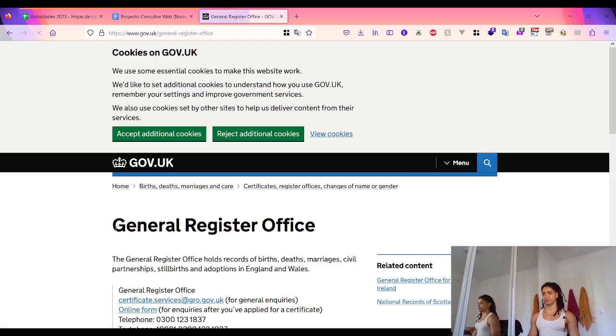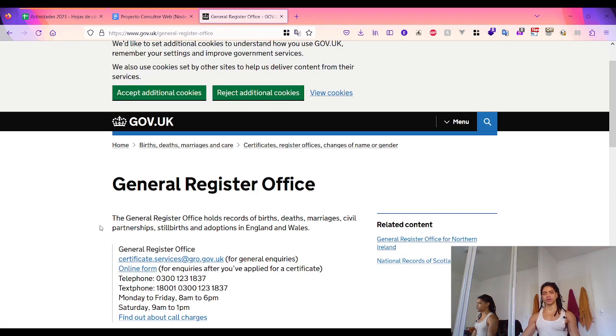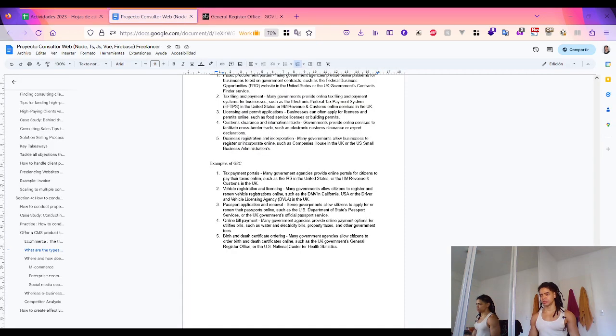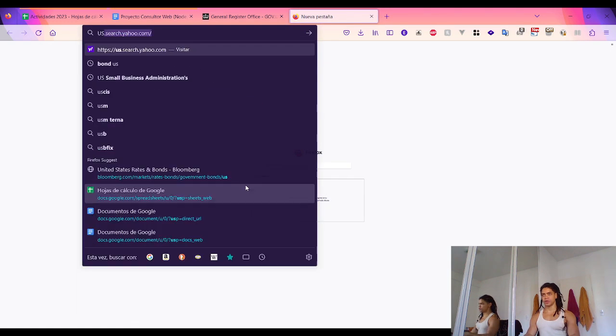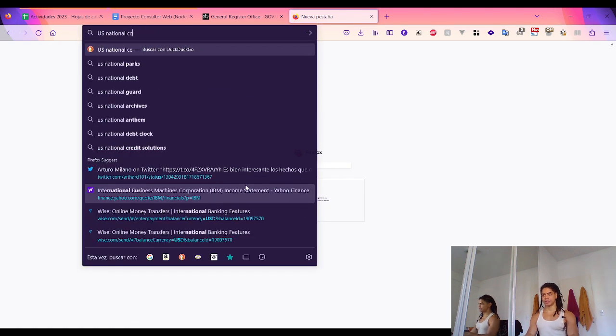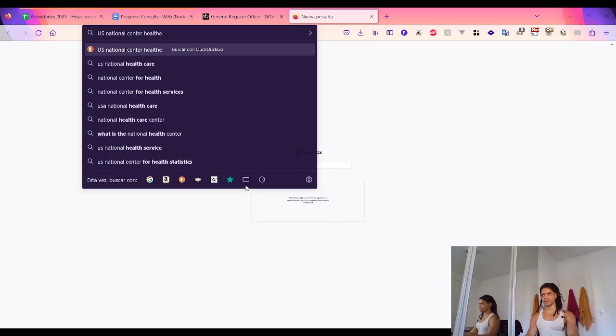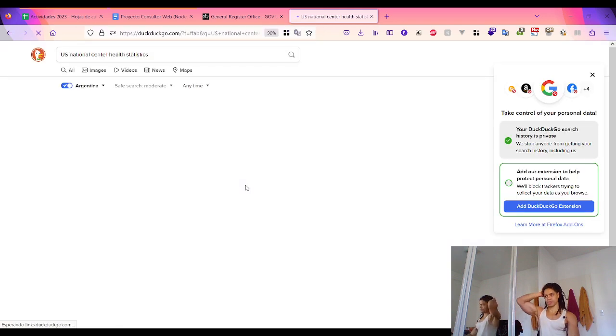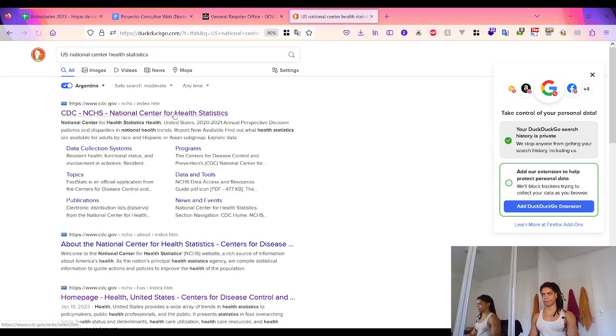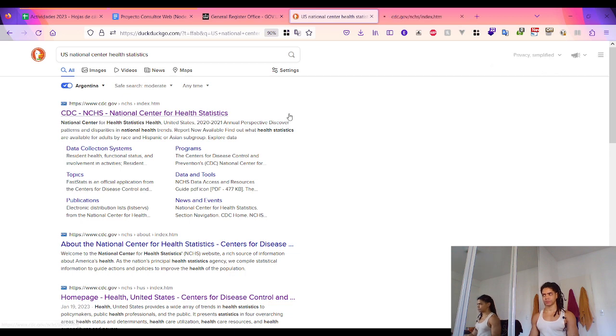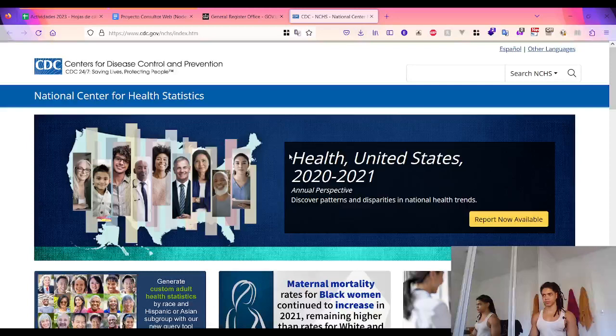Okay, but it's this: the UK Government General Register Office, or the US National Center for Health Statistics.